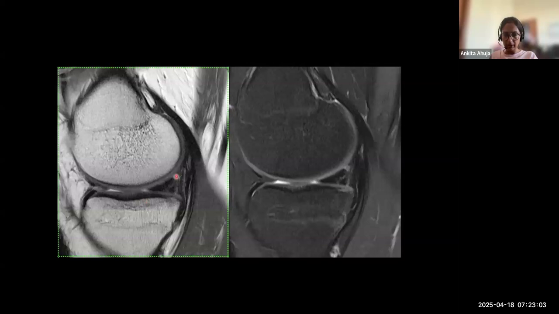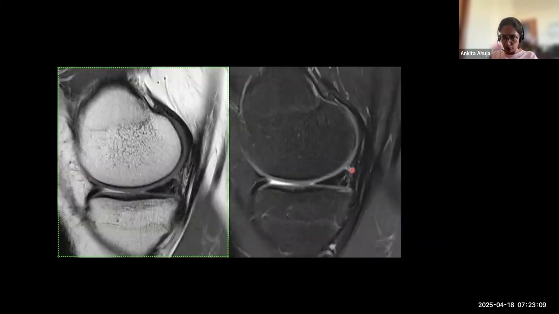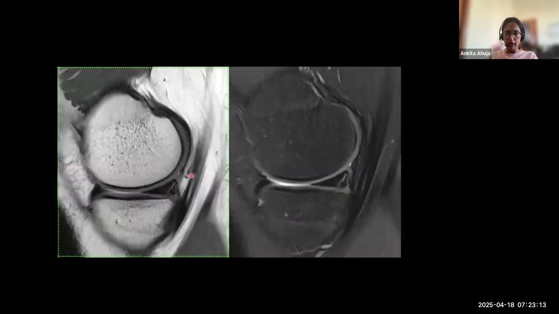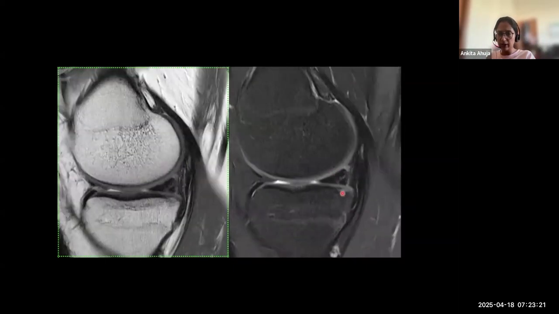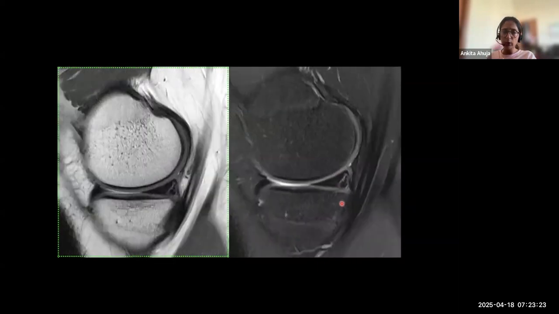Now we see another tear. This tear is vertical. It is coming from top to bottom. Let me show you on other images: top to bottom, reaching up to the inferior articular surface. Again, in the other section also, top to bottom, reaching up to the inferior articular surface. Now I've shown you three sections, right? Along which fibers?